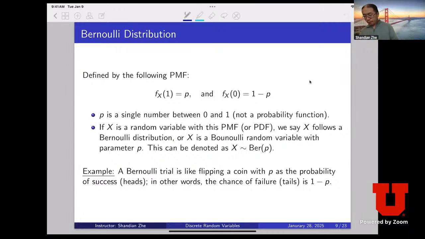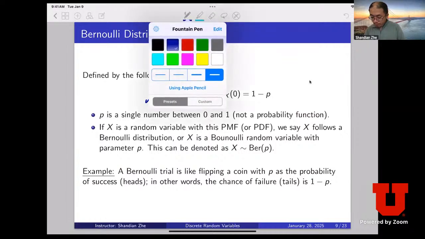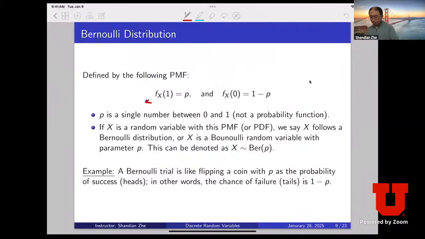So what is the Bernoulli distribution? The Bernoulli distribution is defined by a particular type of PMF. It's a very, very simple PMF. First, it assumes that your random variable can only take two possible values, 0 or 1.